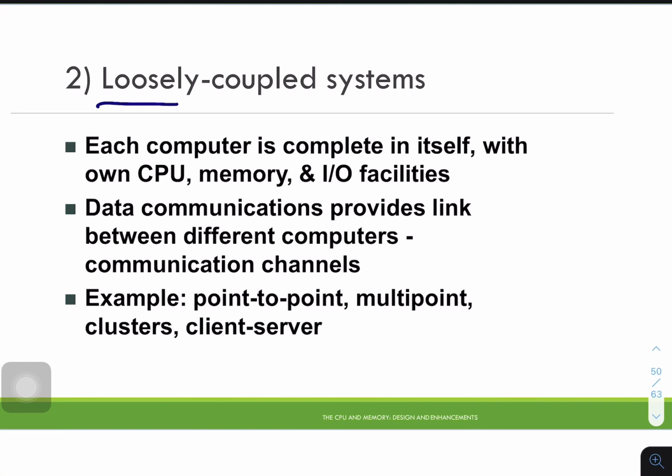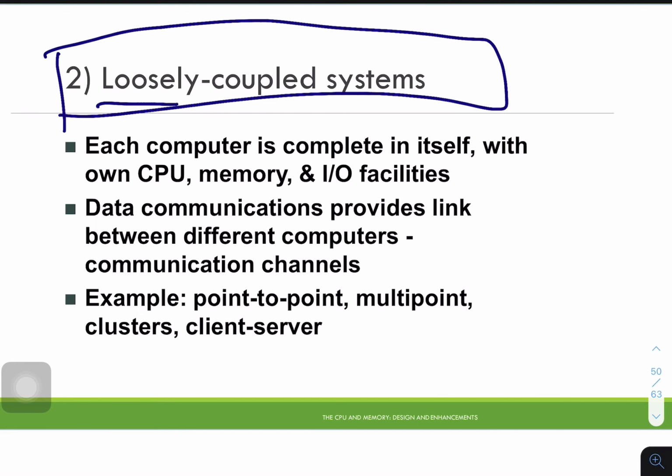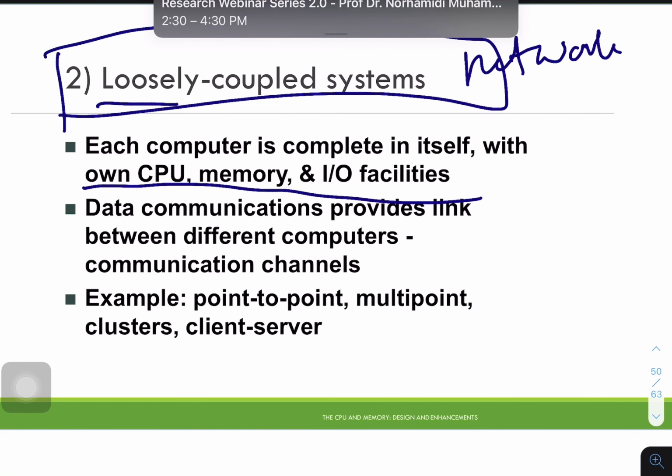Kita boleh kata sistem yang menggunakan loosely coupled ni iaitu sistem komputer di dalam network. Dalam satu-satu network ada banyak node ataupun komputer. So setiap node atau komputer tu dia ada dah set dia yang tersendiri. So dia tak kacau orang punya. Cuma dia mungkin digunakan untuk memproses sesuatu perkara secara sekaligus lah.